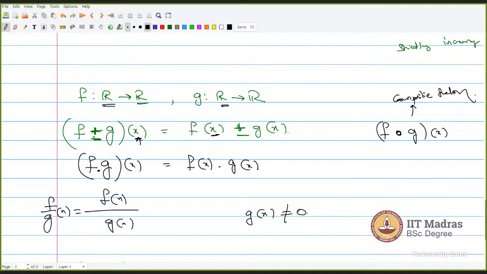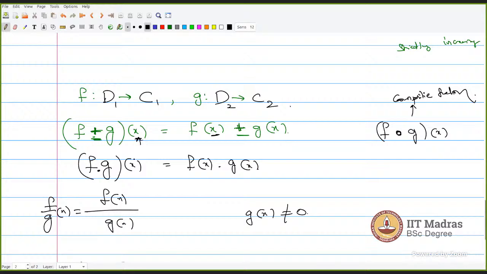No, not like that. You may be confused. This is the domain of f, and this is the codomain of f. This is the domain of g, and this is the codomain of g. I will call them d1 and d2.